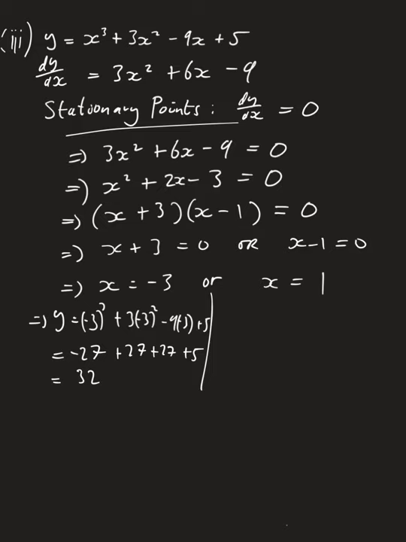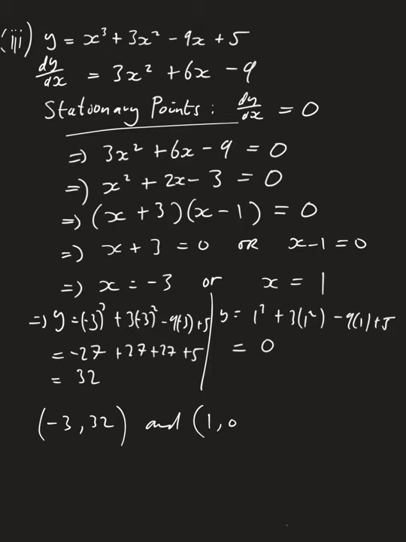And if x is equal to 1, that implies that y is equal to 1 cubed plus 3 times 1 squared minus 9 times 1 plus 5, which is equal to 0. So my stationary points are minus 3, 32, and 1, 0.